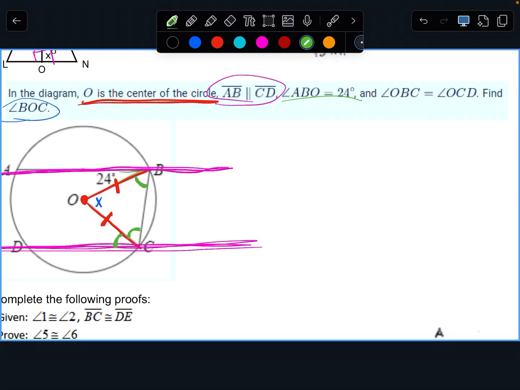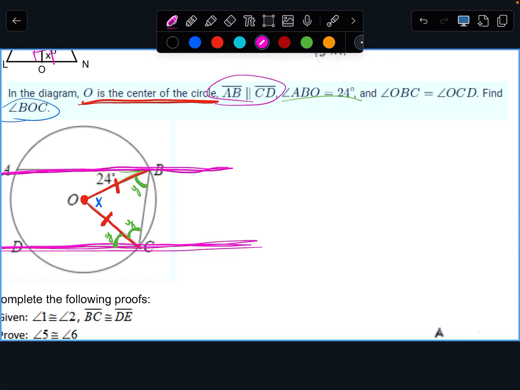Aren't these the same? I'm going to call those Y, just because I need something, I don't have a number for him. So if that's Y, this guy's Y. So I use the isosceles stuff to get equal angles.